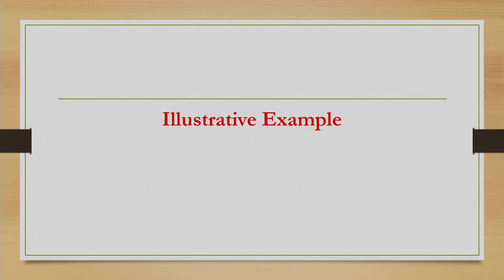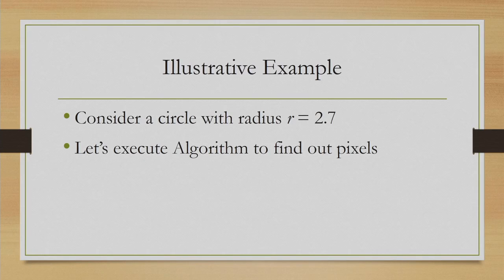Now, let us try to understand this algorithm better in terms of one illustrative example. Let us start with the assumption that we have a circle with radius r to be 2.7, that means a real number. Let us execute the algorithm to find out the pixels that we should choose to represent the circle.